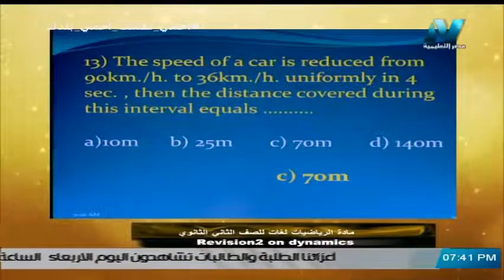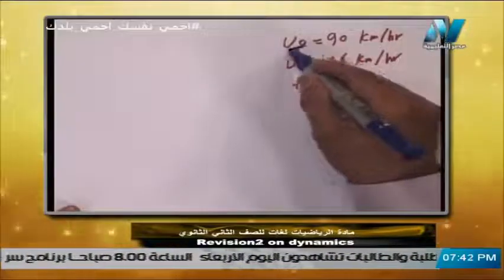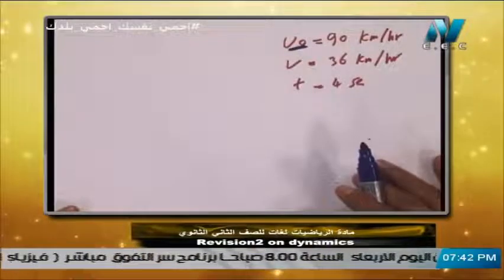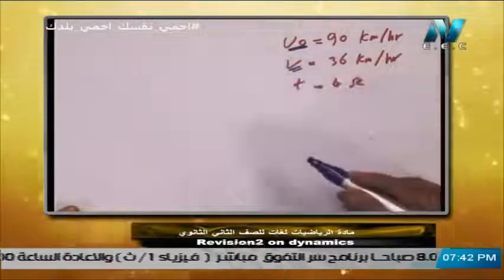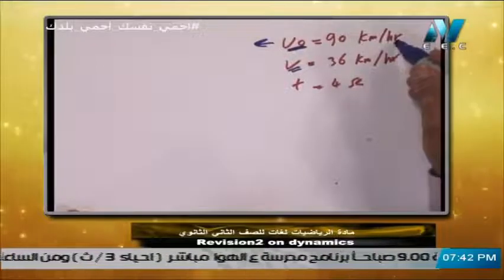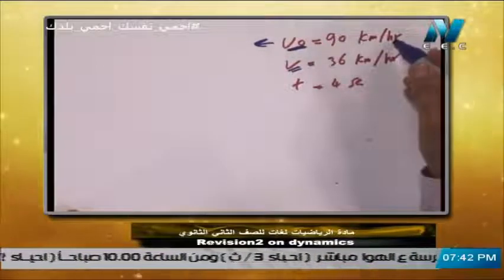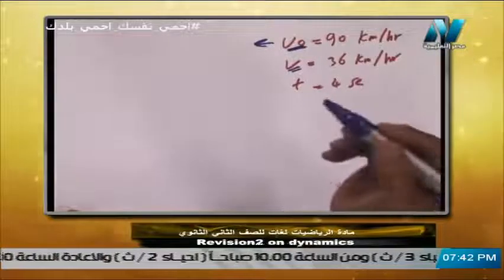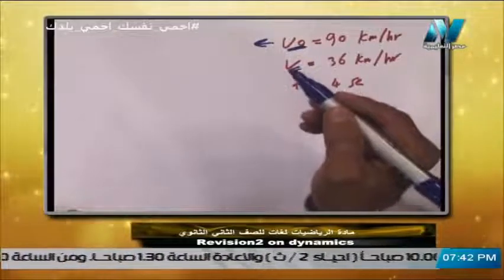Here V naught equals 90 kilometer per hour and V equals 36 kilometer per hour. We would like to convert it from kilometer per hour to meter per second. To convert kilometer per hour to meter per second, we must multiply it by 5 over 18.